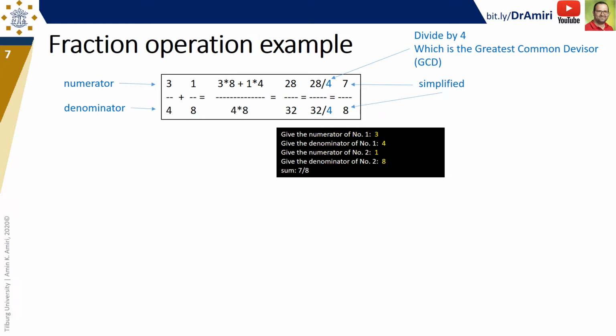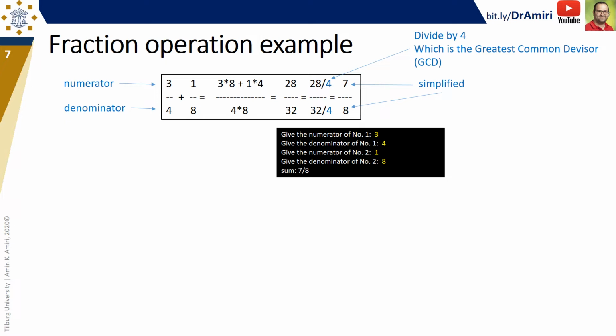We need to simplify this fraction, and for that we need to calculate the greatest common divisor, which we call GCD here. For 28 and 32, that's 4, so we use 4. We divide the numerator 28 by 4 and the denominator 32 by 4, and the simplified outcome is 7 over 8.